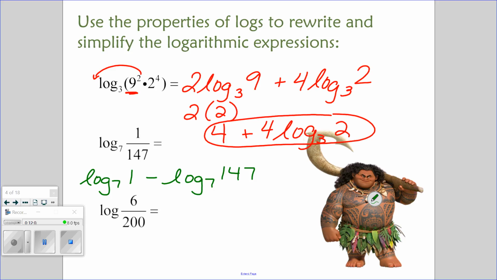So can we simplify any of those, right? I just took the division and pulled it apart as subtraction. 7 to what power equals 1? 0. So do I even need this? No, this whole piece right here is 0, which means I don't really need it. So I have negative log base 7 of 147. Does 7 to some power equal 147?